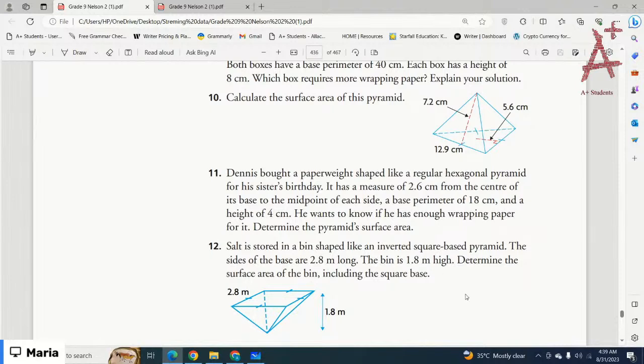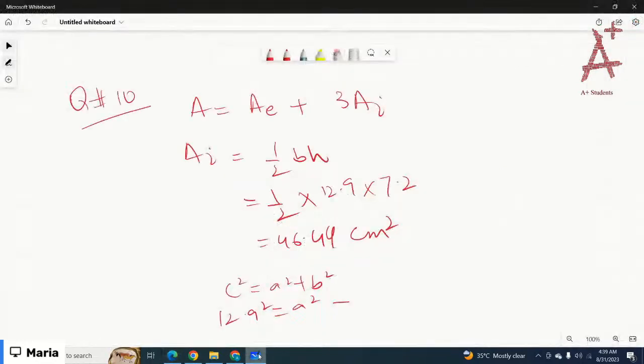Okay, it would be 5.6 times 2, that is 11.2 square, right?